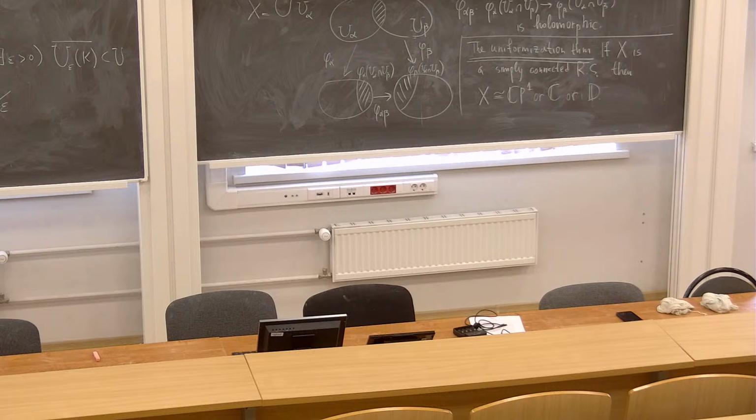So fn of z is equal to the integral over some path from z naught to z of the derivative, and then do something like that. Of, well, whatever the integration variable.